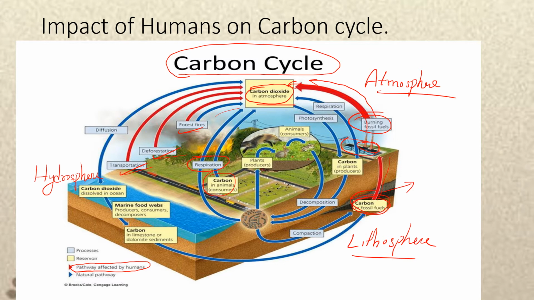Also this carbon is utilized in the process of decomposition, and after that some part is sent back to the fossil fuel or the soil as a process of compaction. So diffusion, compaction, and other processes like photosynthesis and respiration are happening all around, and this is how carbon is cycling in the atmosphere, hydrosphere and lithosphere. This is called the carbon cycle.